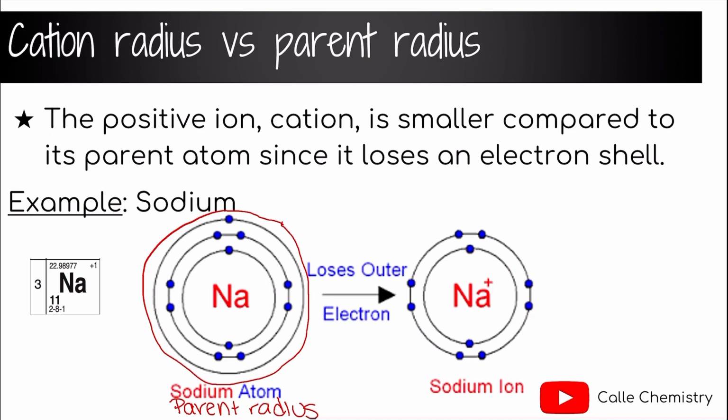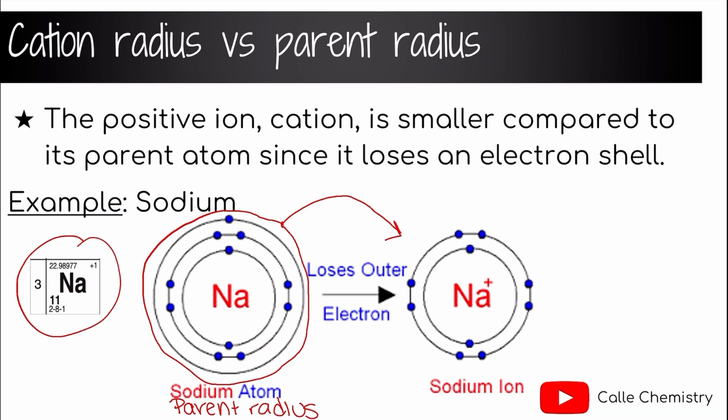Now, the cation radius is after it loses its electron. So for instance, sodium was a 2-8-1. So we see on the first orbital it has 2 electrons. The second shell it has 8 electrons. The third shell has 1 electron. Then when it loses that electron, it only has 2 shells that are occupied.